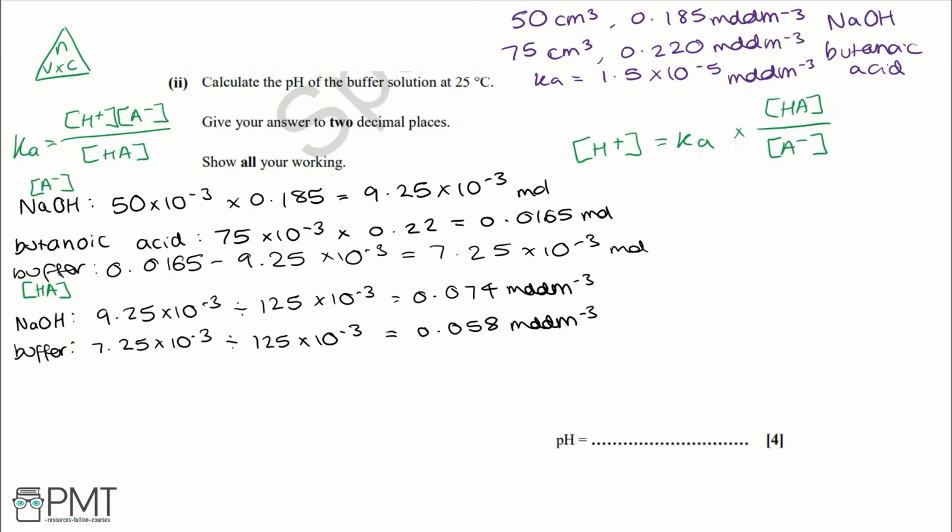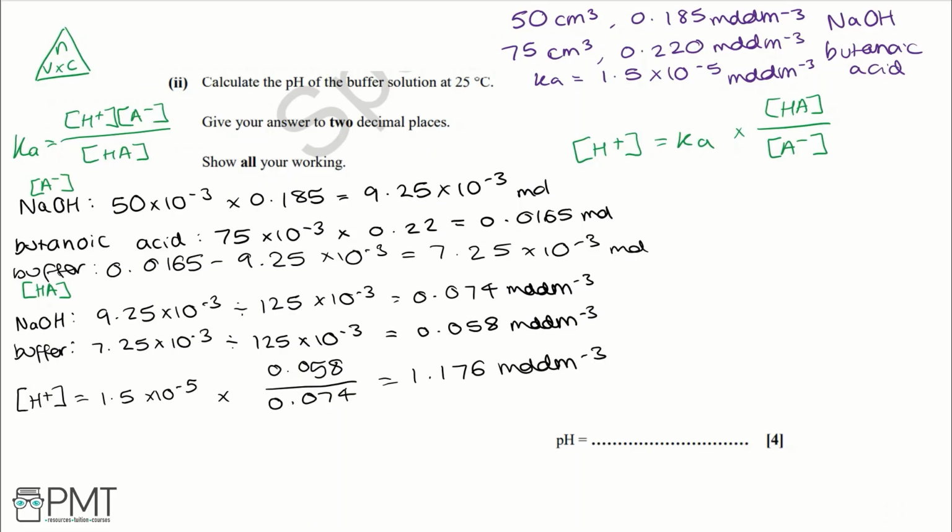So plugging in our values, we're going to have the concentration of H+ is equal to 1.5 times 10 to the negative 5 multiplied by 0.058 divided by 0.074, and that equals 1.176 moles per decimetre cubed.